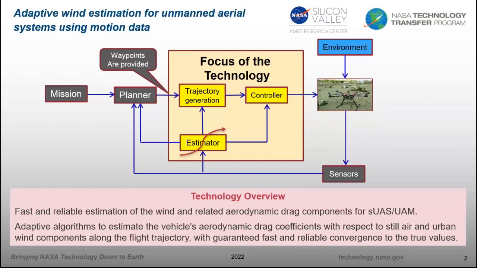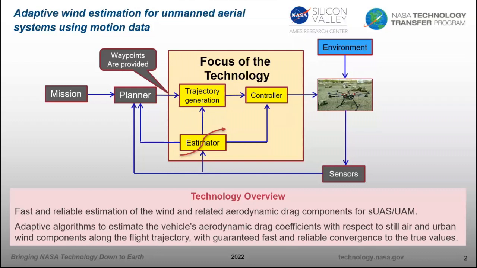So we came up with a simple technology. Our focus was trying to keep it simple so you can put it on the computer resources that are on the vehicle, and also using sensors that are already on the vehicle. So our sensor need, the minimum, is the IMU, which includes the attitudes and the accelerations.